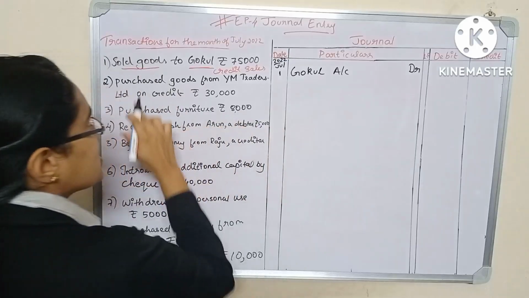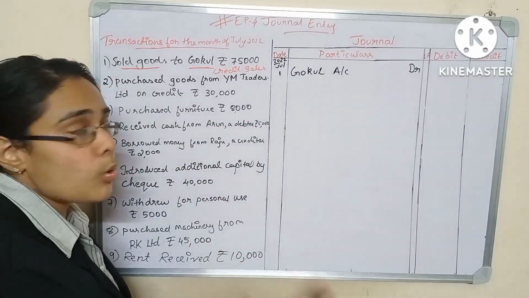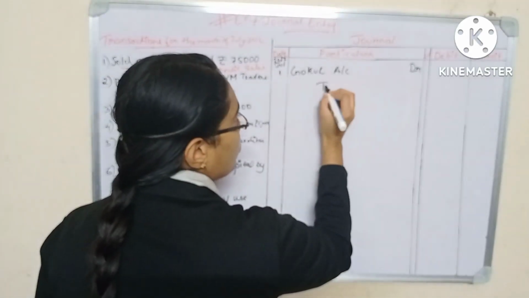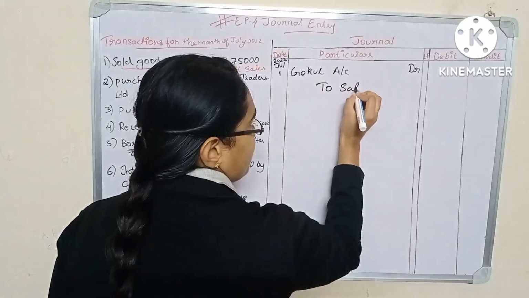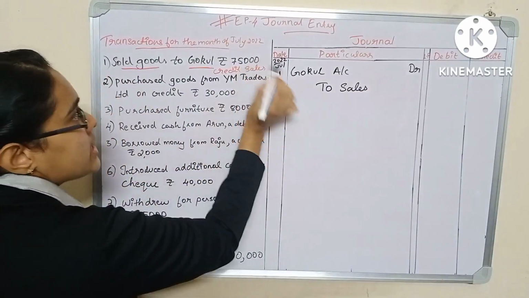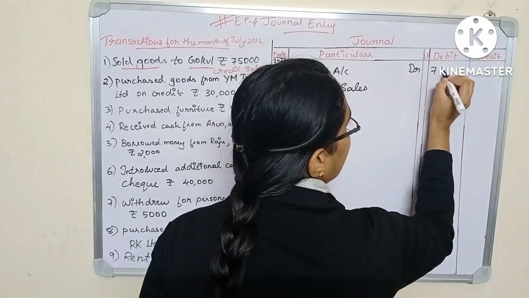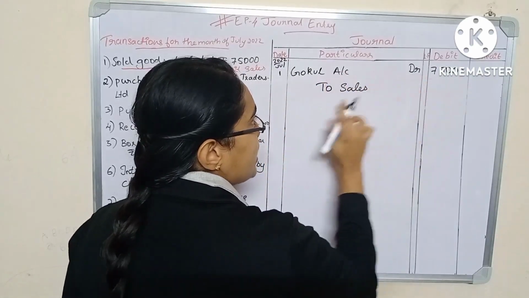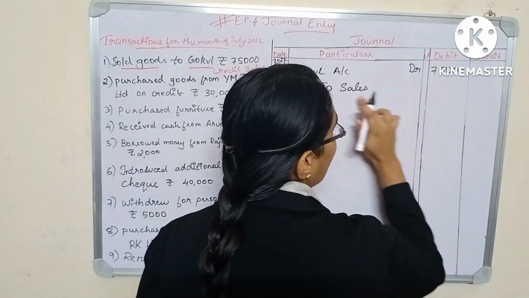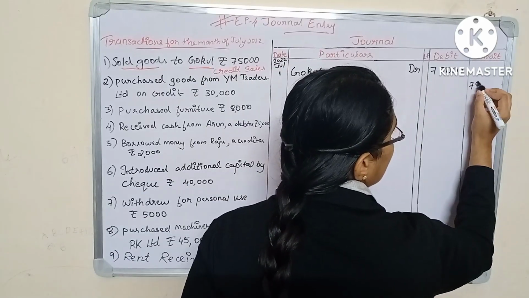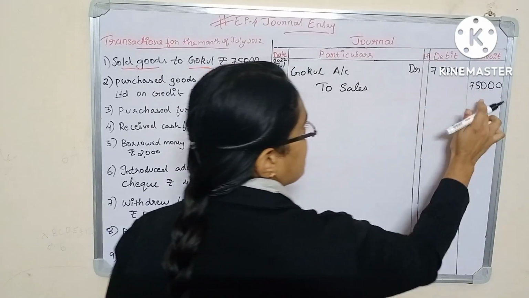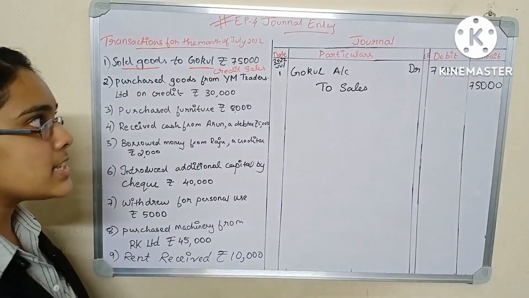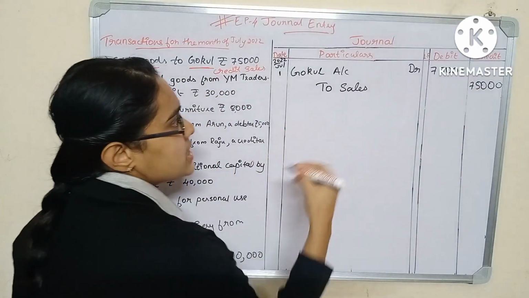Then what is the credit aspect? Sales. You are selling goods to Google. So you will write to sales. What is the amount here? 75,000. So I will write 75,000 in the debit column against Google's account, which is debited, and here in the credit column I will write 75,000 against sales. And the next step is to write a narration.